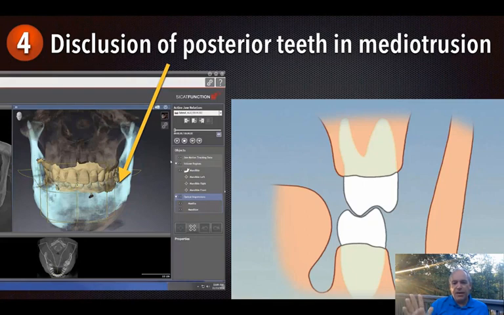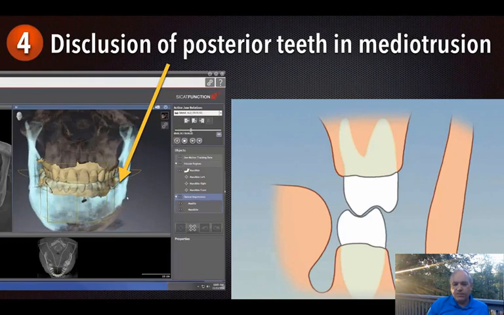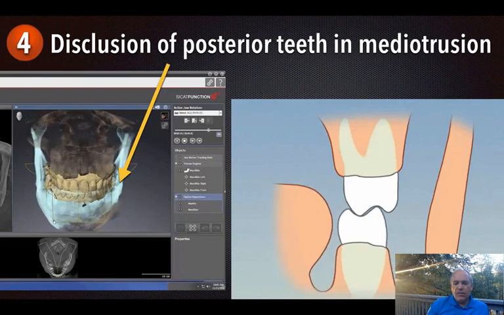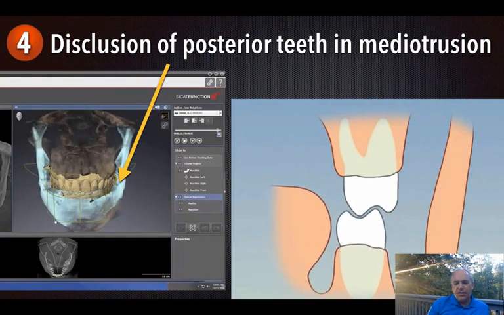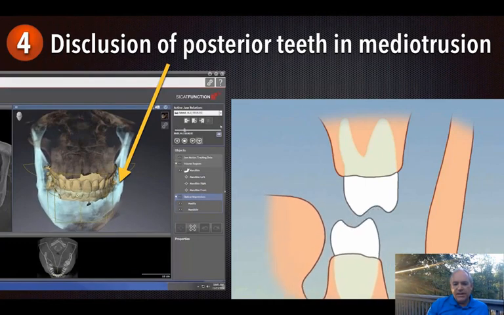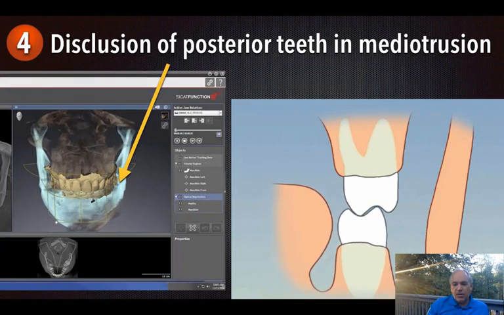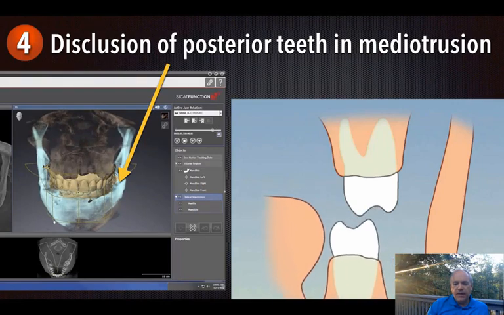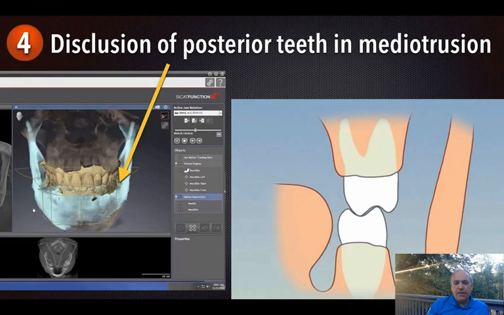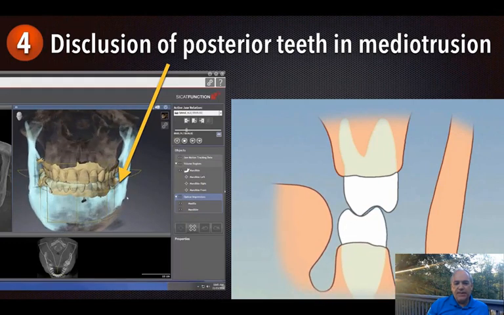But think about it this way. The mediotrusive side or the balancing side is the side where the lower molars and premolars are moving toward the midline. And so this is tricky because you need to get the longer upper lingual cusp to get past the longer lower buccal cusp. And we get help, remember, on the balancing side from the condylar guidance on that side.